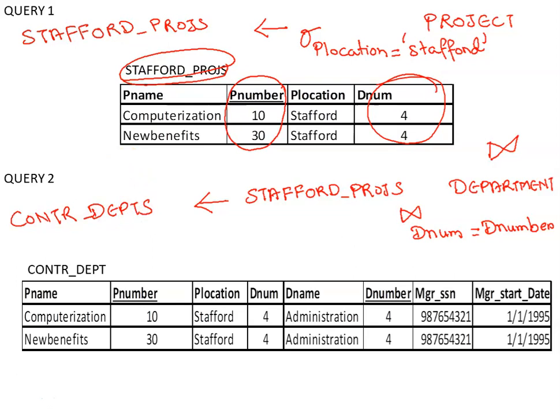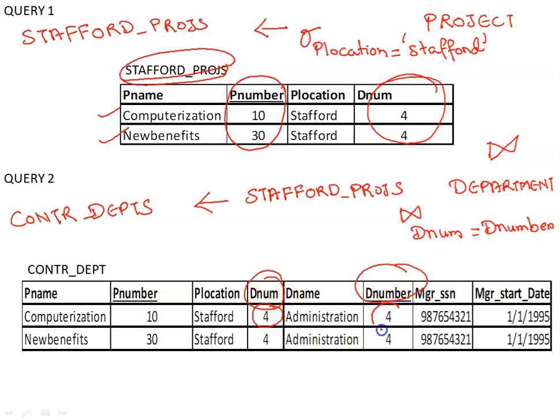So what happens when I perform a simple join over here? You see that these two tuples are joined with the department relation wherever there was a match. The match was because of these two join attributes, that is dnum and dnumber.